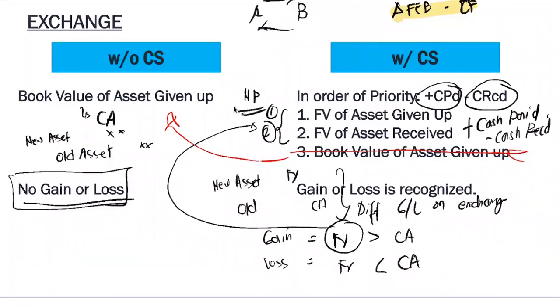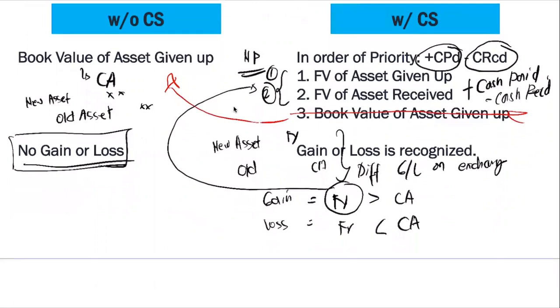Okay? Because as much as we want to make a one journal entry, mas maganda kasi pag nakita ninyo yung exchange lang muna plus the monetary amount. Okay. So for the exchange, you just debit the new asset, you credit the old asset, di ba?